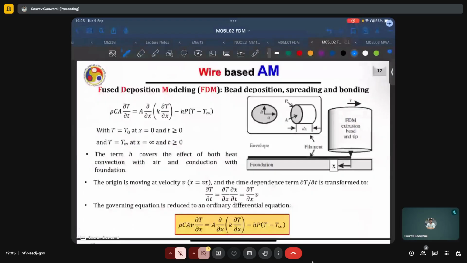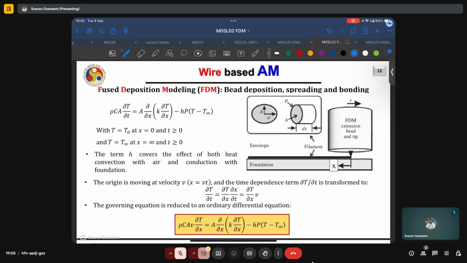The governing equation for this system then becomes rho C A ∂T/∂t equals A ∂/∂x (K ∂T/∂x) minus the heat lost due to convection, h p (T minus T infinity). And the boundary conditions are also given to us: at x equal to 0, T is equal to T naught for all times greater than or equal to 0.